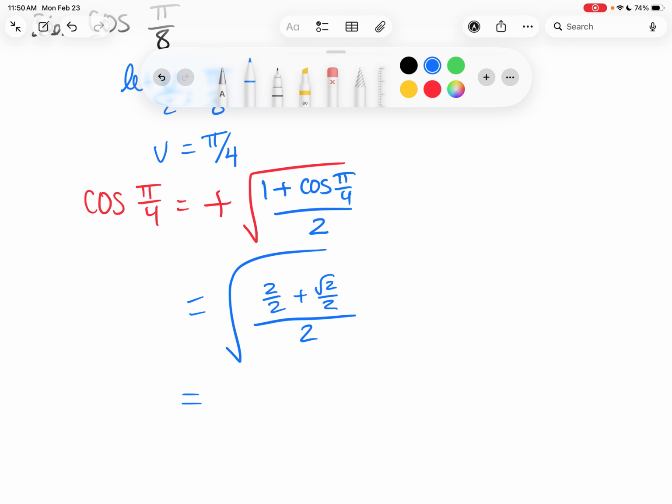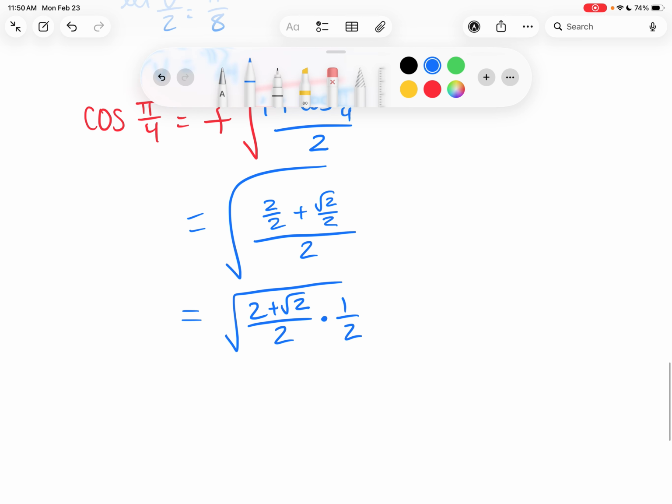So then I have the square root of 2 plus root 2 all over 2, times 1/2 to take care of the divided by 2 part. If you can skip some of this stuff and not write everything, feel free to do that. So then this is the square root of 2 plus root 2 over 4.